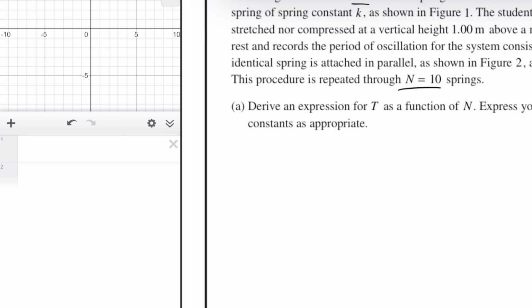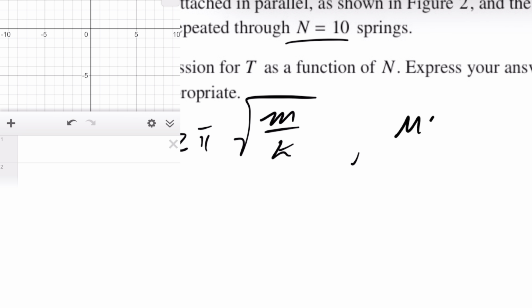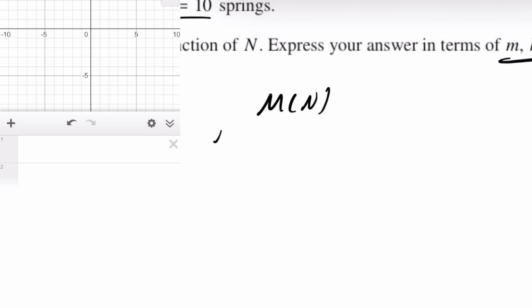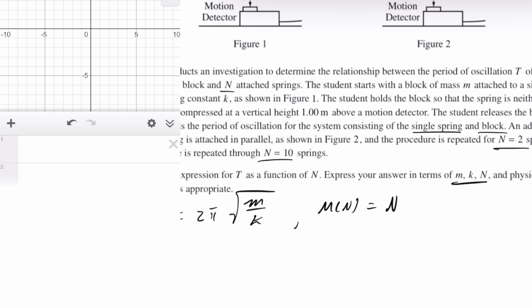So simple harmonic motion, the period of a spring is 2 pi square root m over k. So we need to derive, so m as a function of n is going to be n times m. Sorry, I'm an idiot.